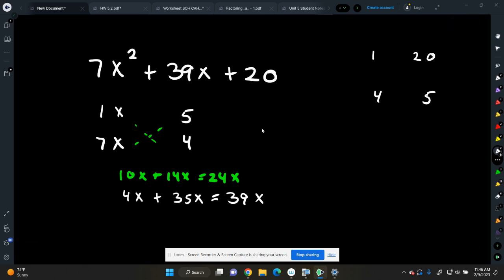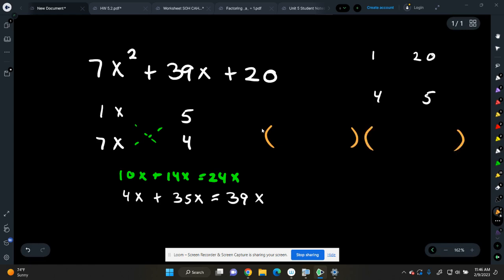Jacob, what are my actual factors? What are the factors? So we just did all the work, but now tell me what the factors are. The parentheses, these are what we call our factors.